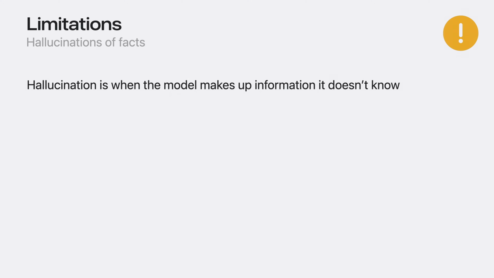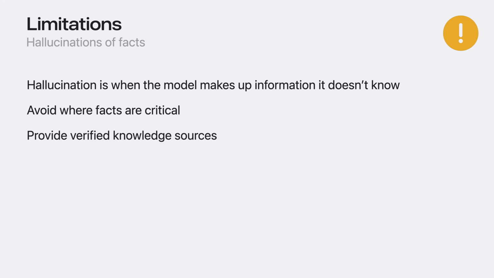For knowledge the model doesn't know, it may hallucinate, which is the technical word for completely making up an answer. In places like instructions where facts are critical, don't risk hallucinations misleading people. Avoid relying on the system language model for facts. If you do want to generate facts, consider providing the model with verified information written into your prompt.